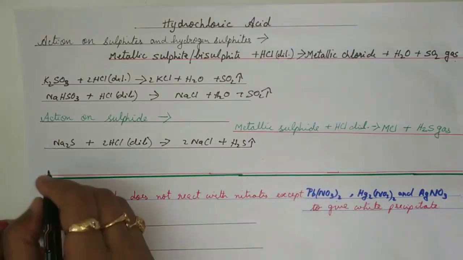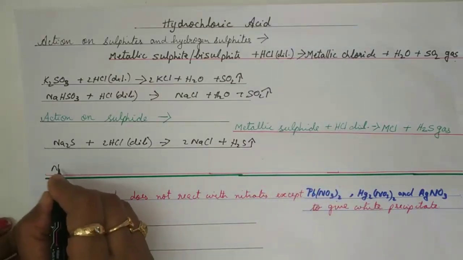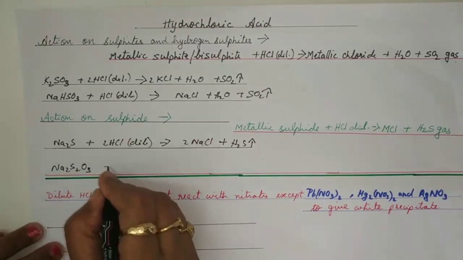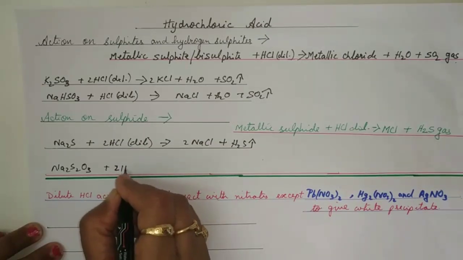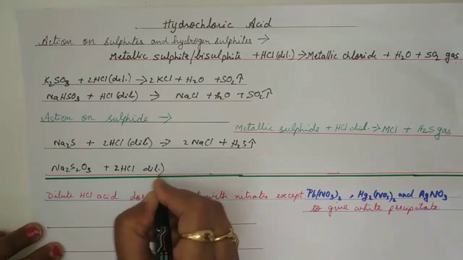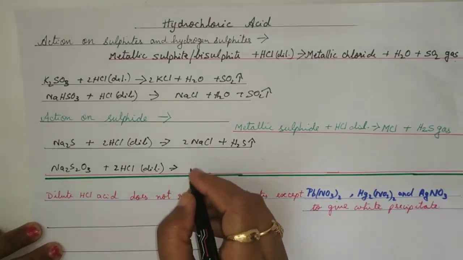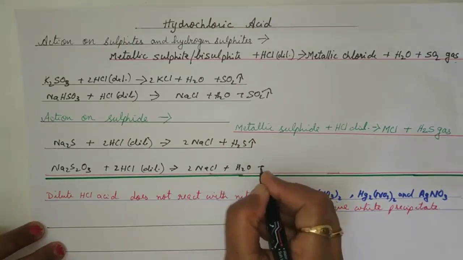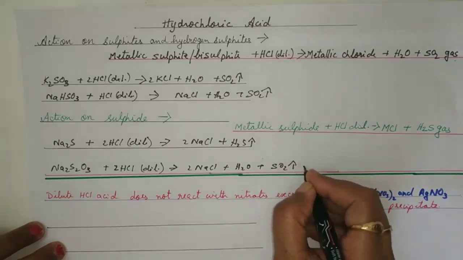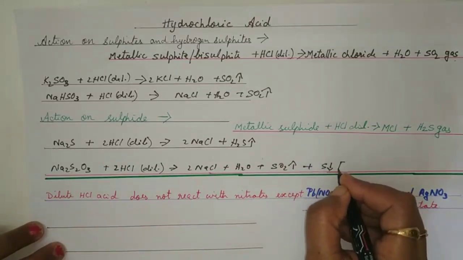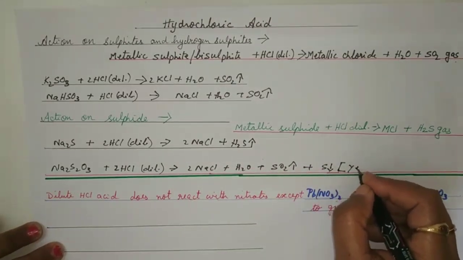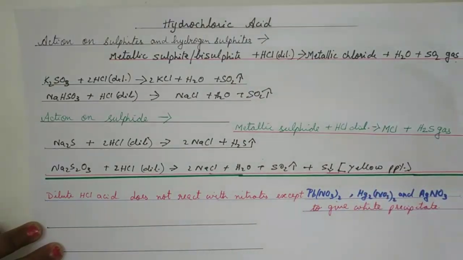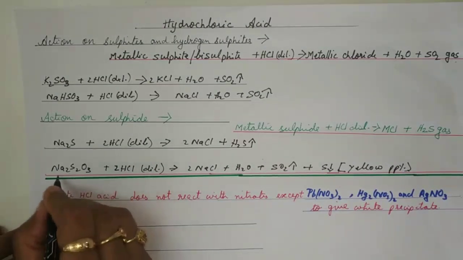I have taken one example here, that is sodium thiosulfate, Na2S2O3, plus dilute HCl to give you salt, water, sulfur dioxide gas and sulfur precipitate, which is yellow. And this is sodium thiosulfate.